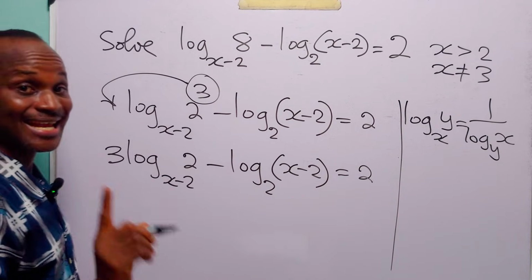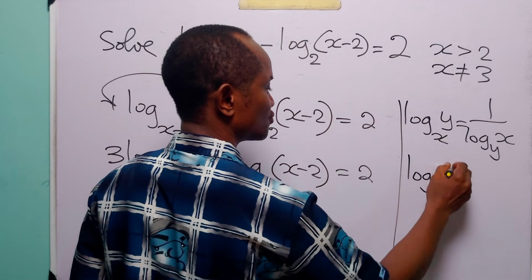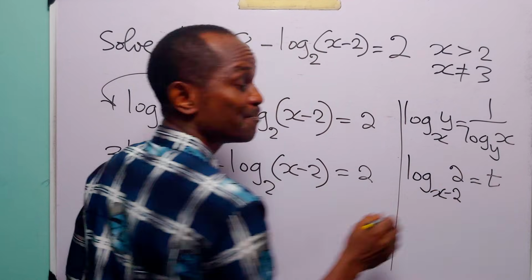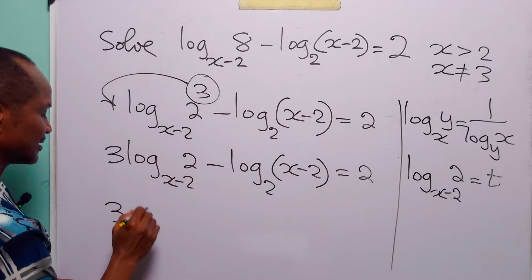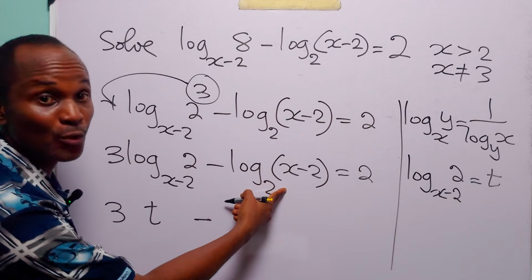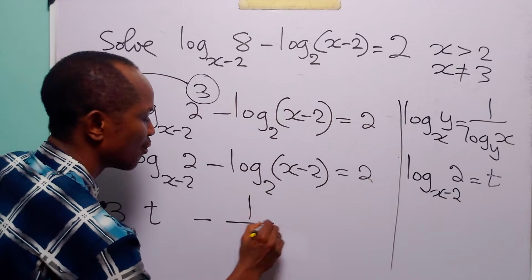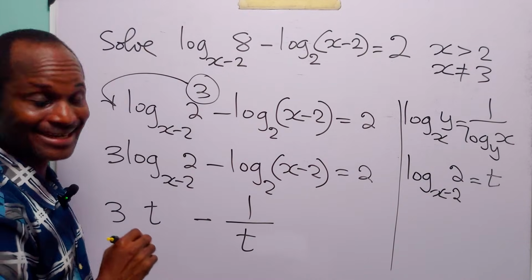So that means that if log to base x minus 2 of 2 is replaced by the letter t, then we have 3 times t minus, this is now going to be 1 over t according to this log identity.